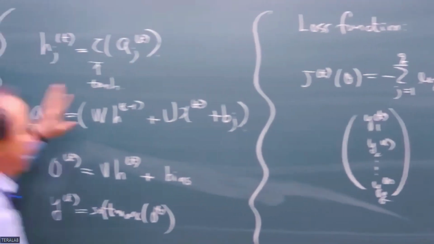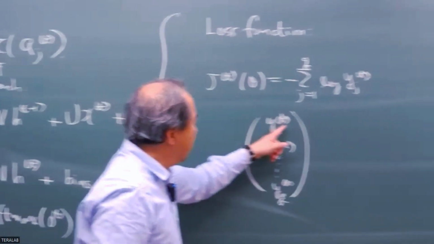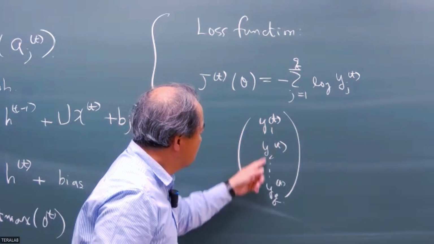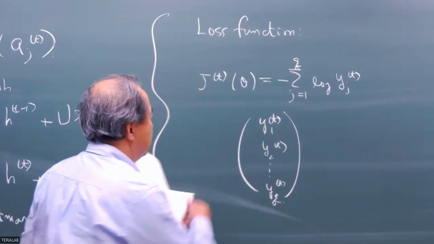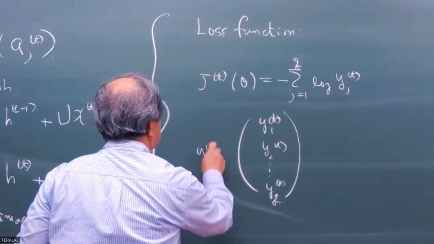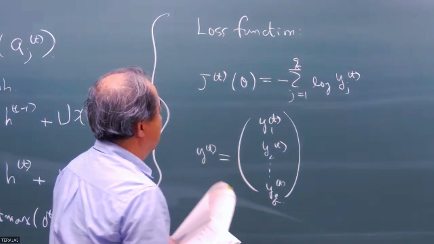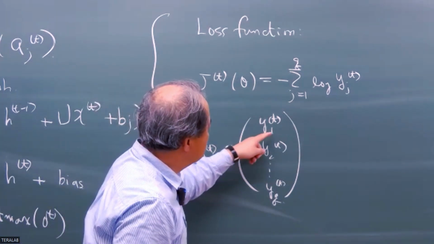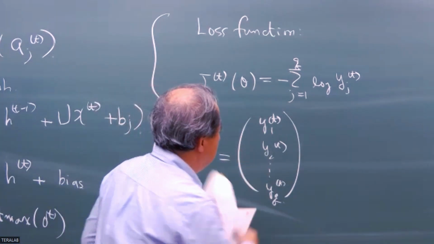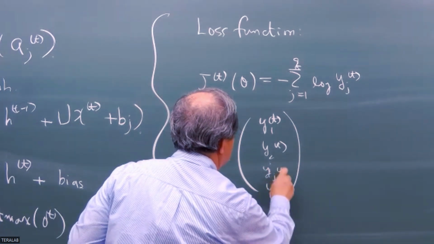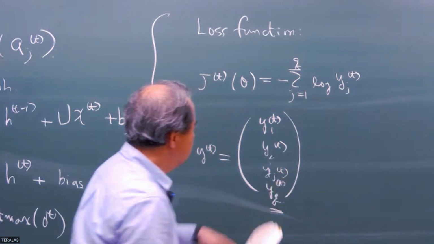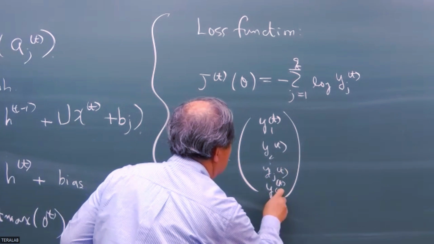Each output at a time step t has vector elements. Each element is y1, y2, y3, y4, yjt, and finally up to yqt.